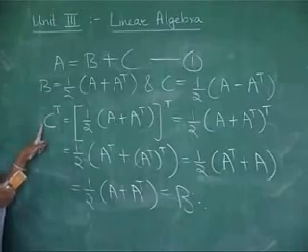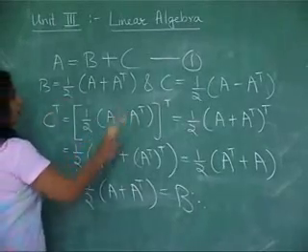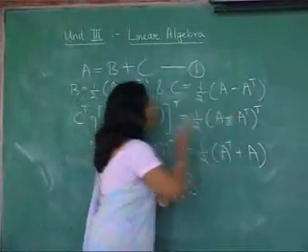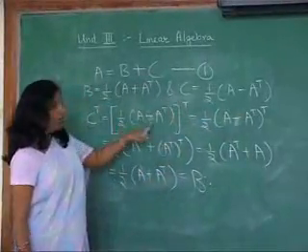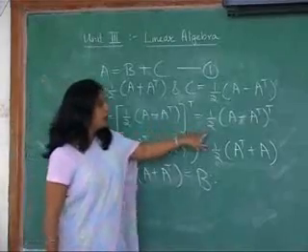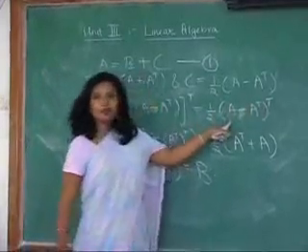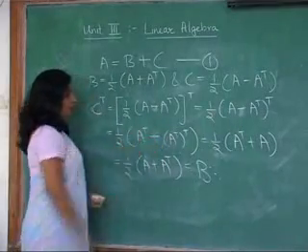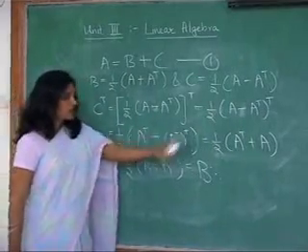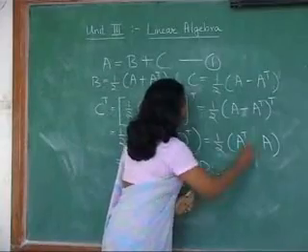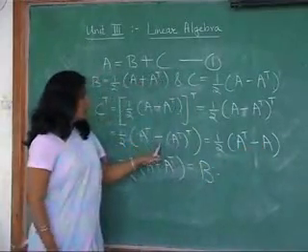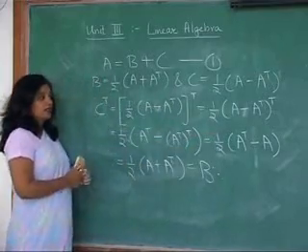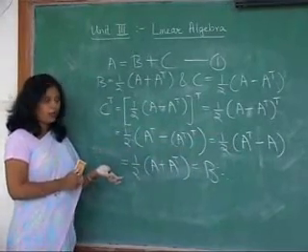See, if I do C transpose, this is going to be transpose of all this. Once again, use the property that transpose of a scalar times a matrix is the scalar times the transpose of that matrix, and that will be transpose of the first matrix minus transpose of the second, which will be A transpose minus A transpose is A, but matrix subtraction is not commutative.